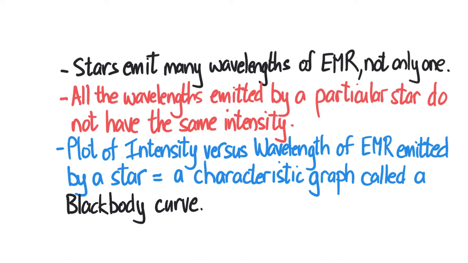Now, all the wavelengths emitted by a particular star do not have the same intensity though. And when you plot the intensity versus wavelength of electromagnetic radiation emitted by a star, it gives us a characteristic graph called a black body curve.